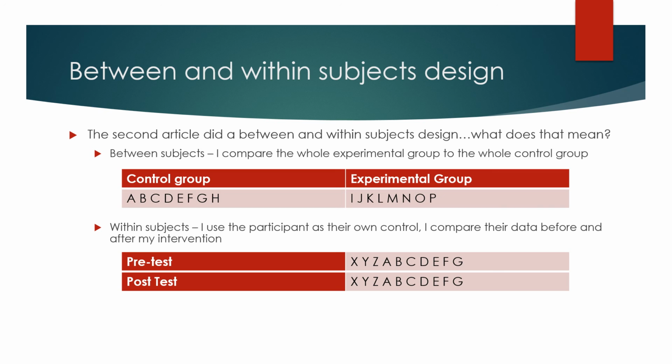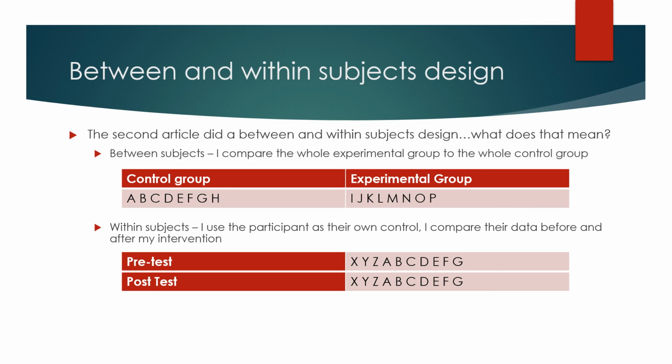You have the data that you could use to compare your experimental group to control group. The within subjects design, in this pre-test, post-test example, could be really handy if you don't have a lot of people to do your study with.